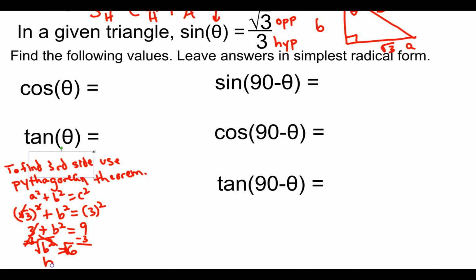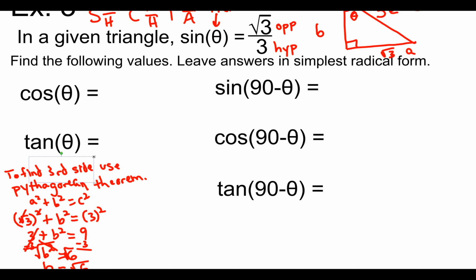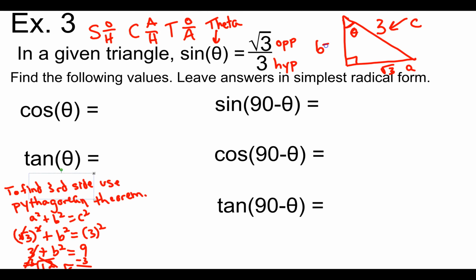So that cancels. I'm left with b is equal to the square root of 6. So we're going to come back up here. B is equal to the square root of 6. All right, and we can leave that like that. We don't have to get the decimal. It's actually easier to write the fractions if we leave it as that radical, that square root.